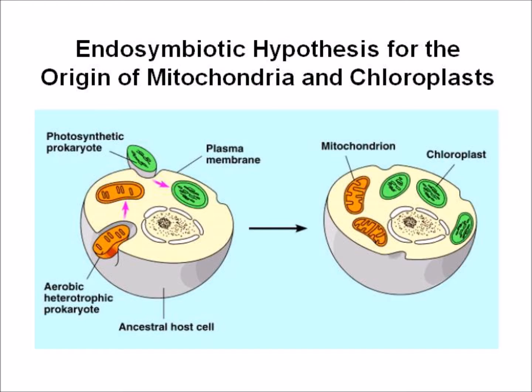This membrane surrounds the mitochondrial matrix, where the citric acid cycle produces the electrons that travel from one protein complex to the next in the inner membrane. At the end of this electron transport chain, the final electron acceptor is oxygen, and this ultimately forms water, H2O.